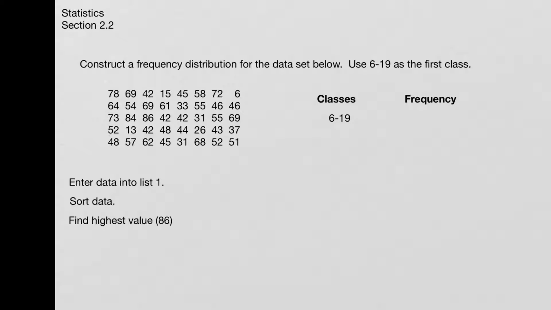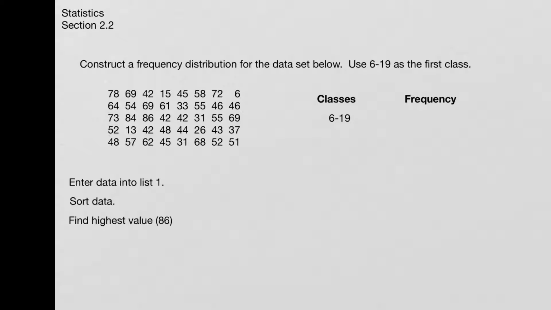And then when I go to the next class, now it's 34, and again I'm going to add 14 now to the 33, and so that gives me 47. And I still haven't passed 86, so I keep going.